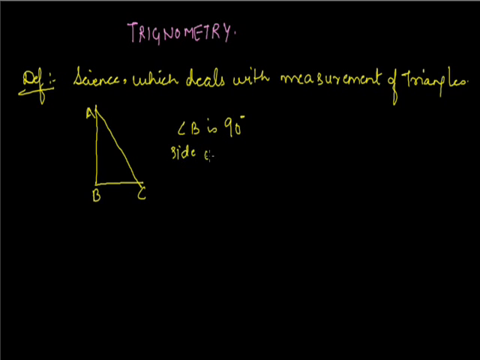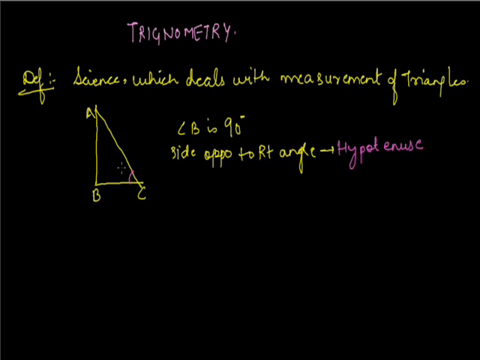Side opposite to right angle is known as hypotenuse.